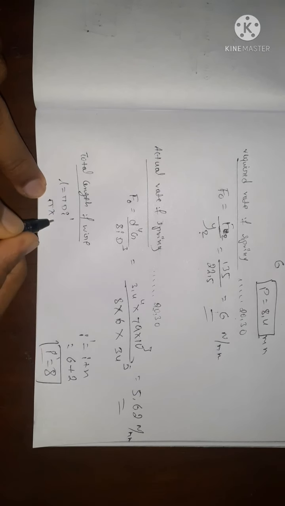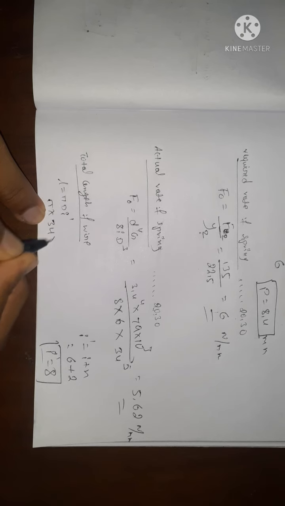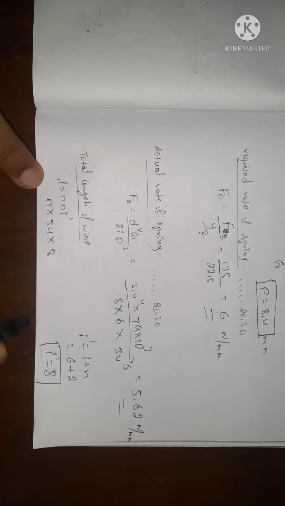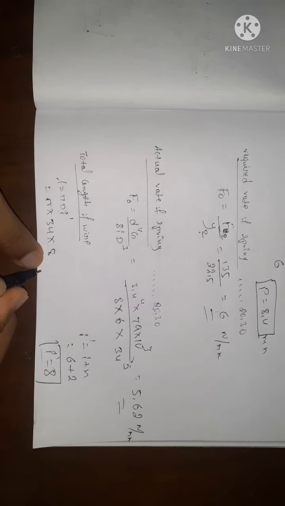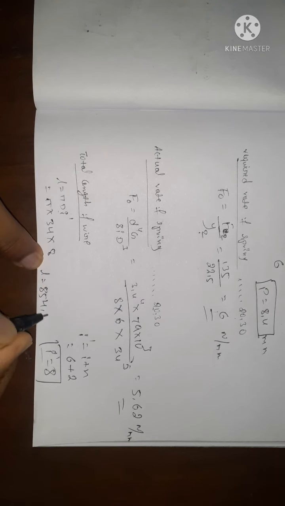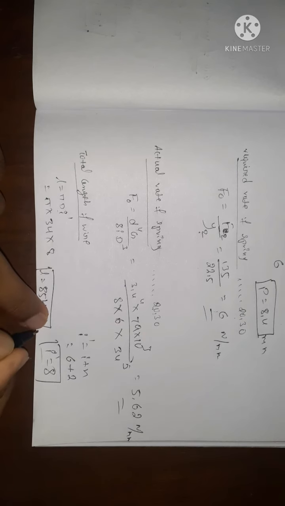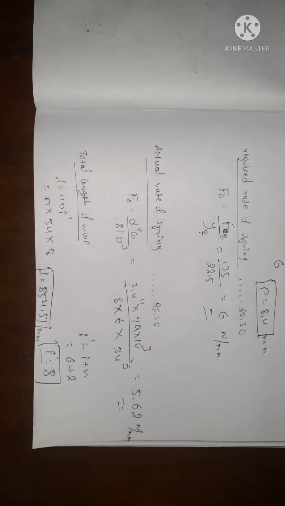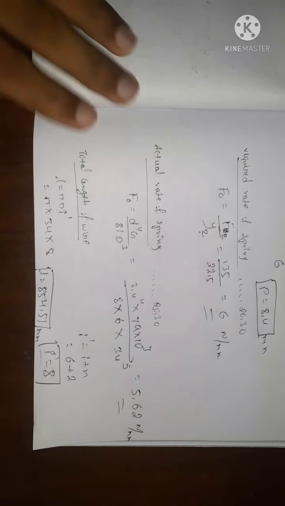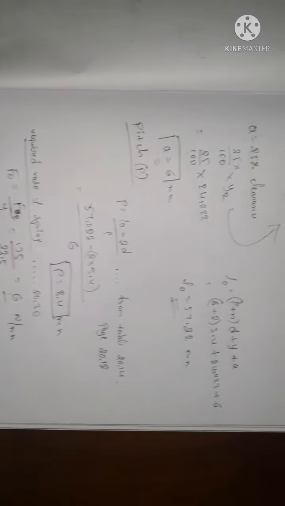Pi into 34 into 8, where L equals 854.51 millimeter. This is the complete design of the helical spring.